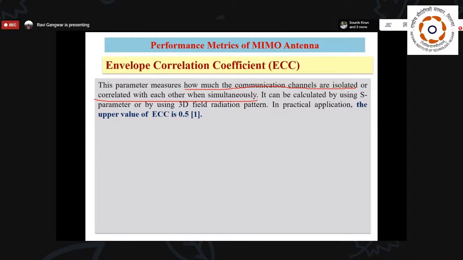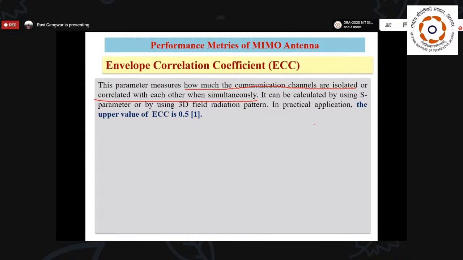So that's why we calculate this value by using two different approaches. The first calculation is based on the S parameters, and the second calculation is based on the 3D far field pattern. When we use S parameters, we are talking in terms of port-to-port isolation. Clear? So from that port-to-port isolation, we are able to calculate the ECC.